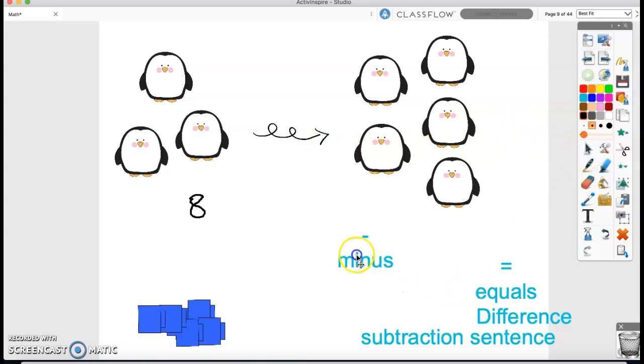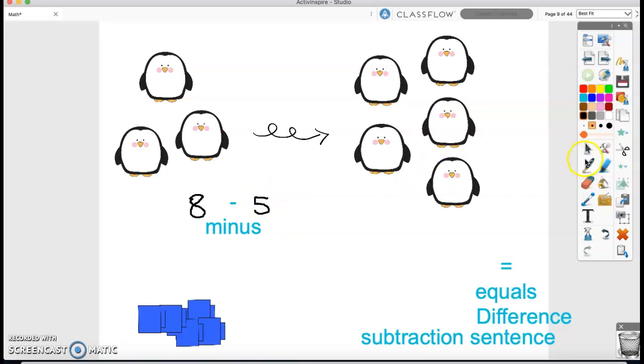So we're going to do our minus sign and subtract. 8 minus, how many penguins are leaving? 1, 2, 3, 4, 5. If you said 5 penguins are leaving, awesome job.